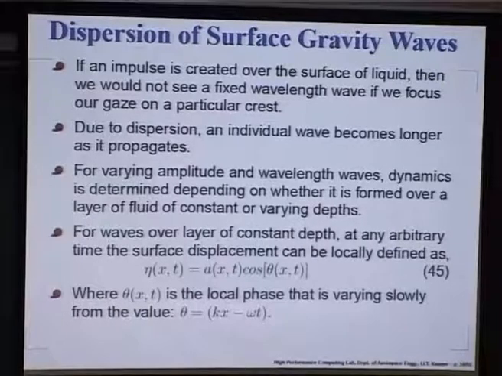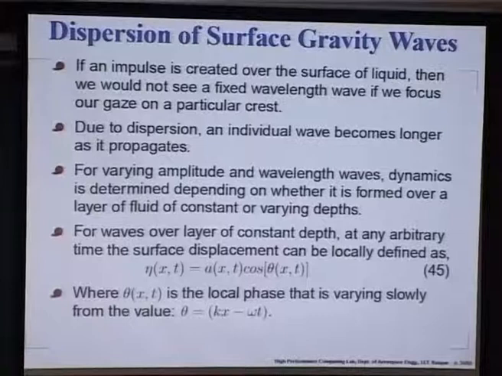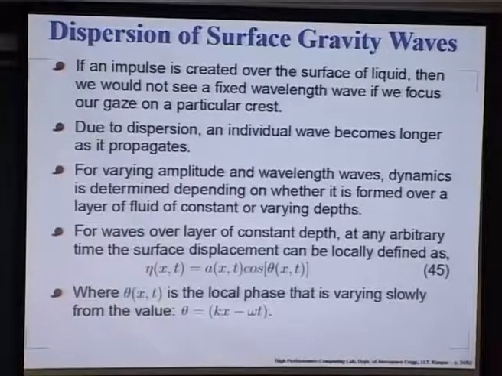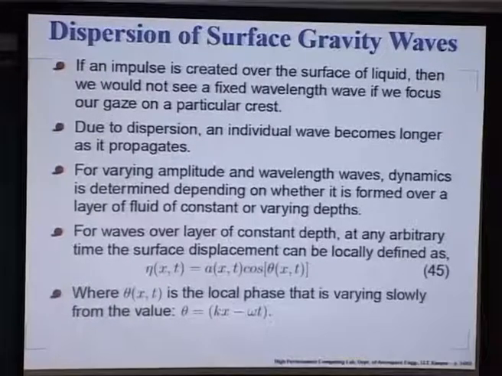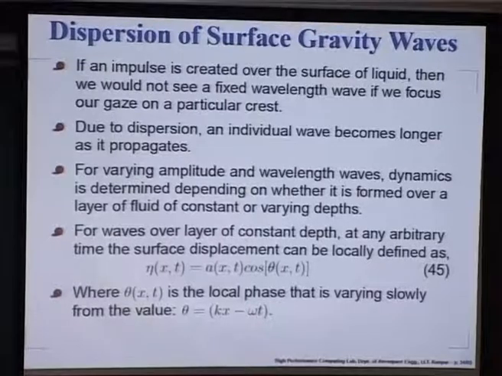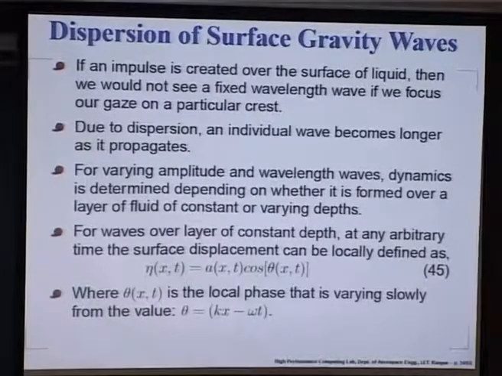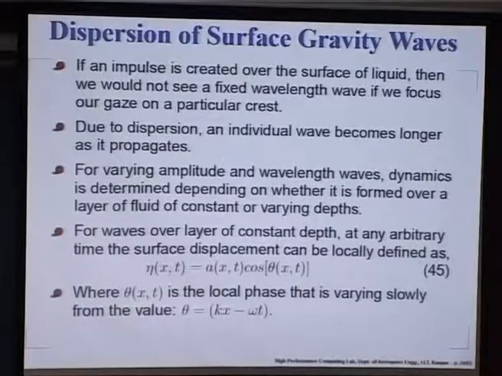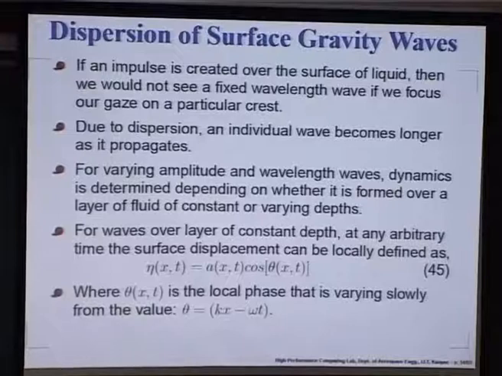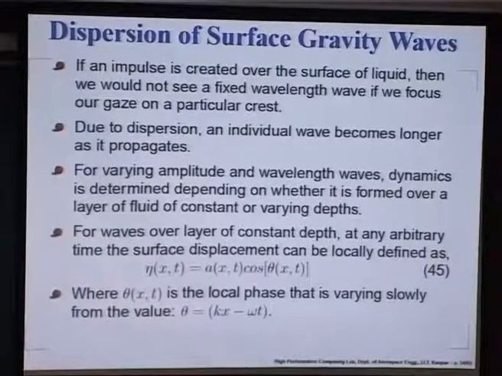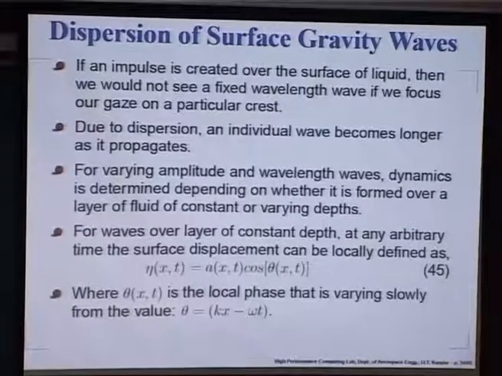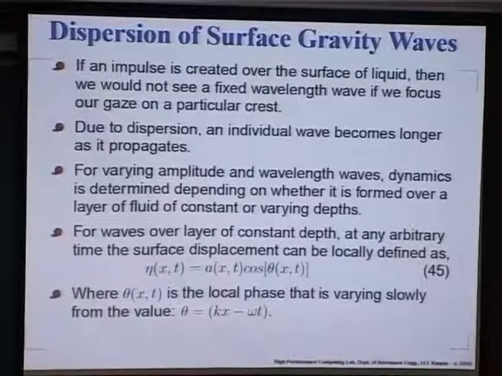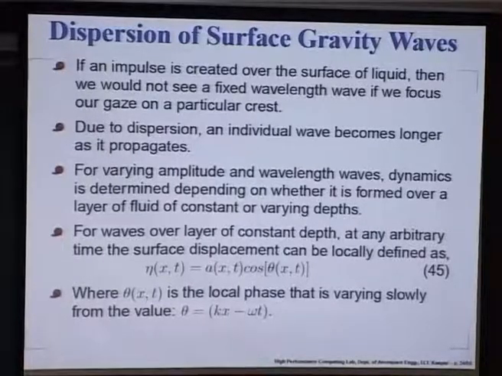So, what will happen is that different k components will travel at different speeds. What would you see as a consequence? If I give you a compact disturbance source, with time it will enlarge the region over which the disturbance is felt.